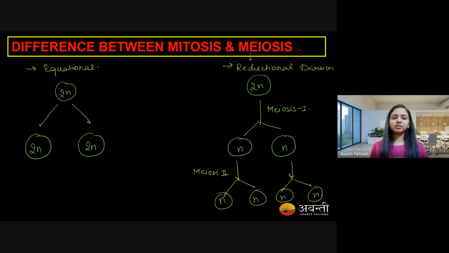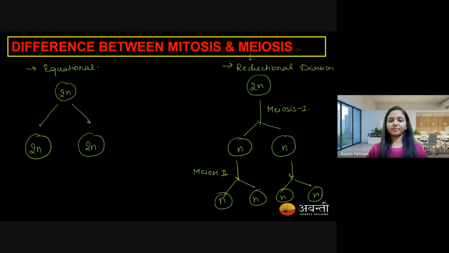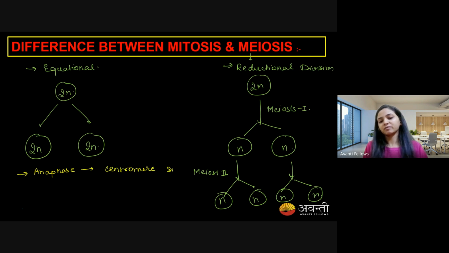Are you able to understand this chart? Yes, ma'am. है ना? We can also differentiate it on the basis of anaphase, na? Yes, ma'am. Because in mitosis anaphase, the centromere splits. In anaphase 1, the centromere does not split.